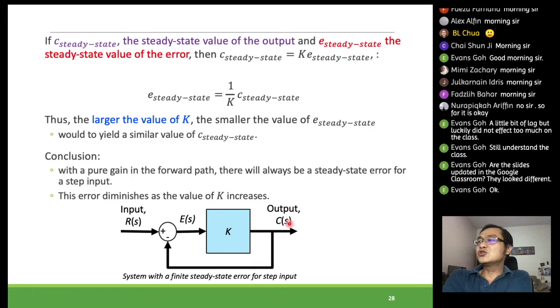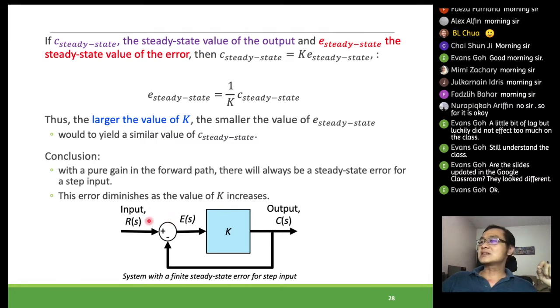So if we try to represent them in equations, since we are talking about the steady state error, all these values are when the system has reached a steady state. So this steady state output we call C steady state, and the error during the steady state, E steady state.